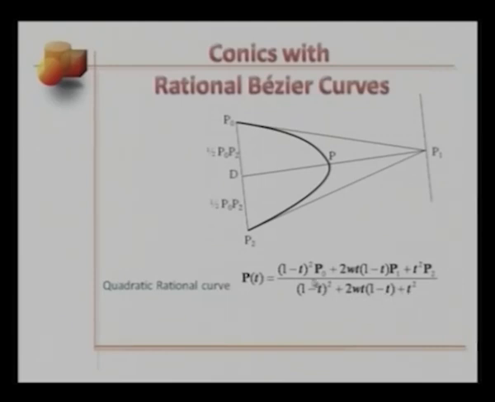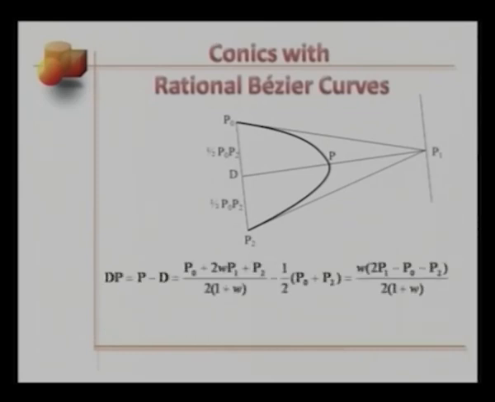Once again, the weights corresponding to P0 and P2 are 1, and it is this weight W which is associated with P1 that we need to determine. For midpoint P, that is for t equals half, we get P equals P sub 0 plus 2 times W times P1 plus P2 over 2 times (1 plus W). Let's compute the distance dP.